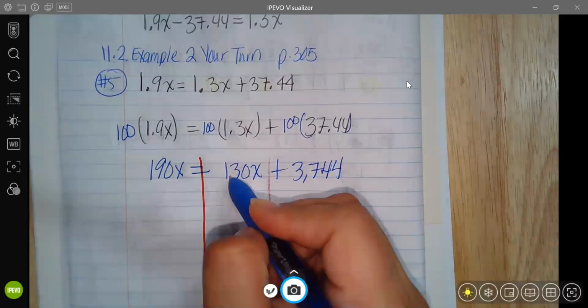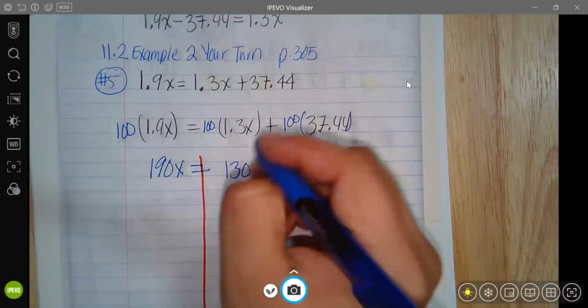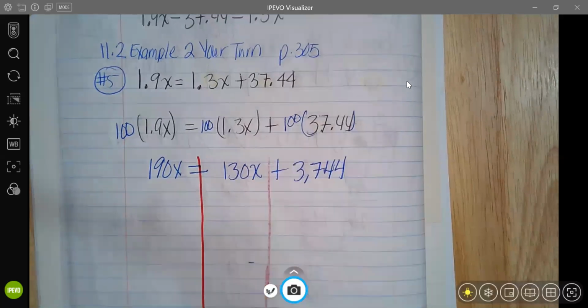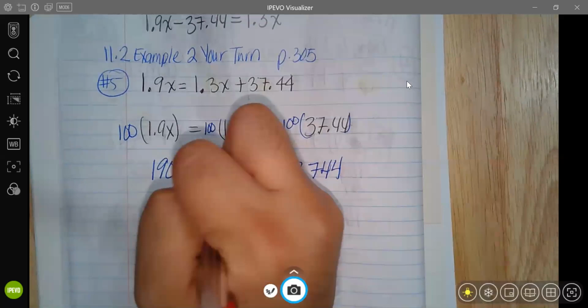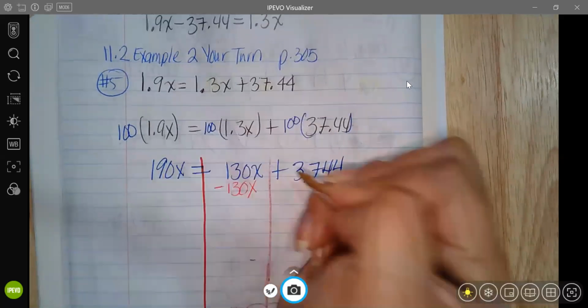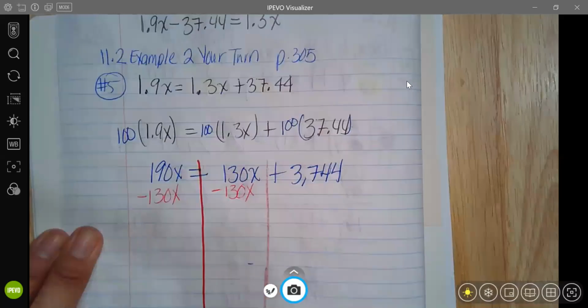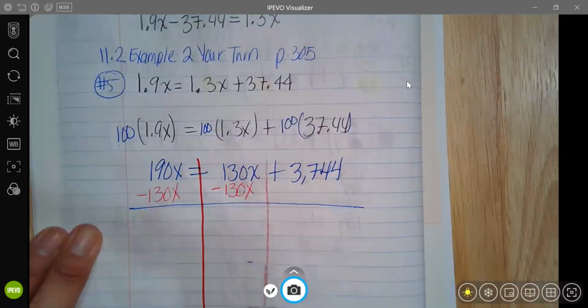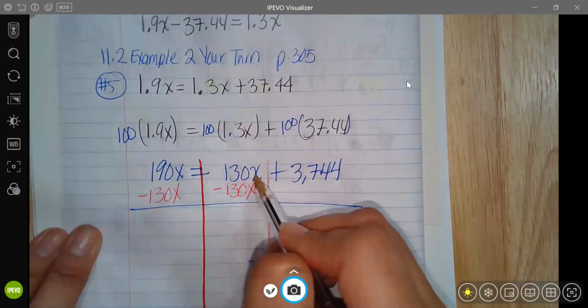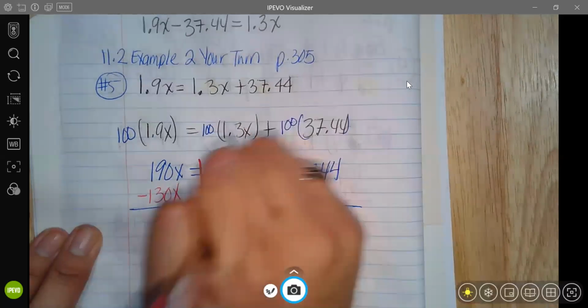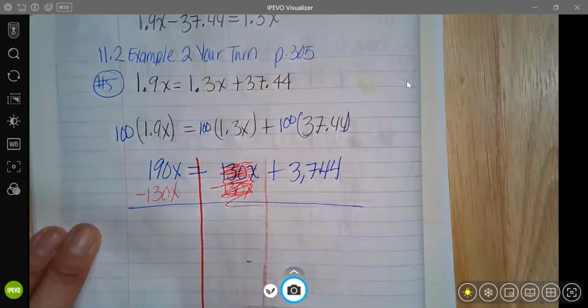So if this is positive, the opposite of being positive is negative, or subtracting. So I'm going to take that 130x and we're going to subtract it on both sides. 130 minus 130, that cancels out, right? We get rid of that term.